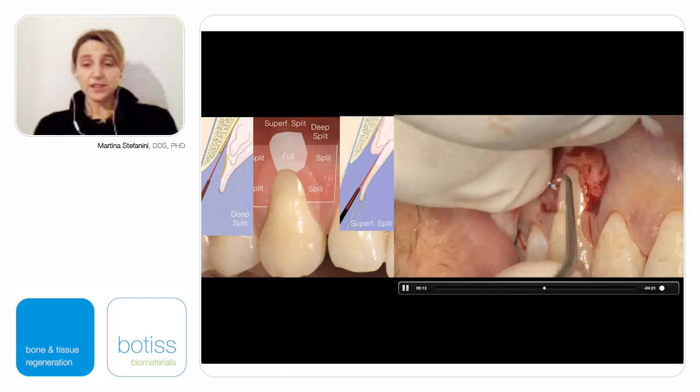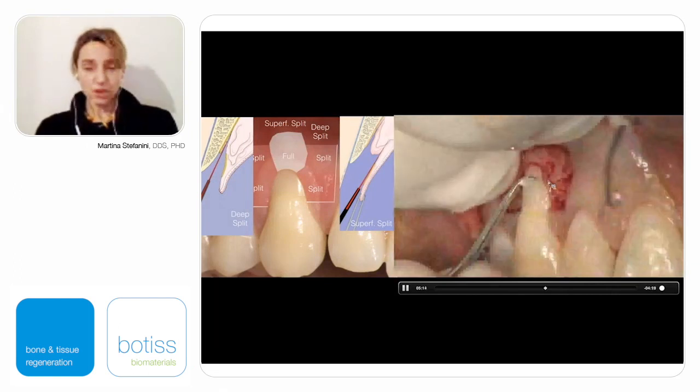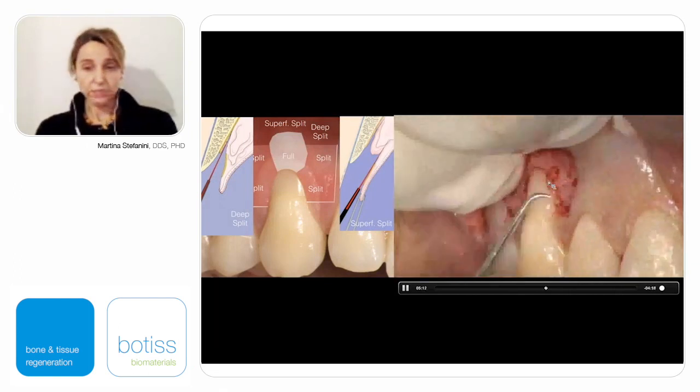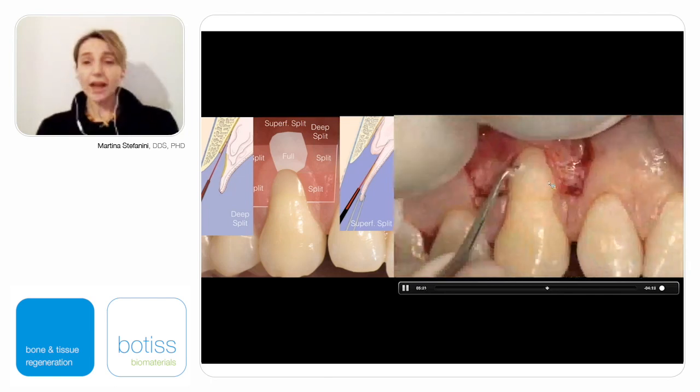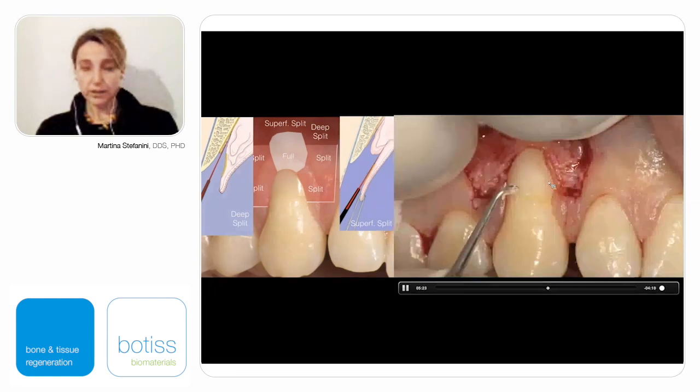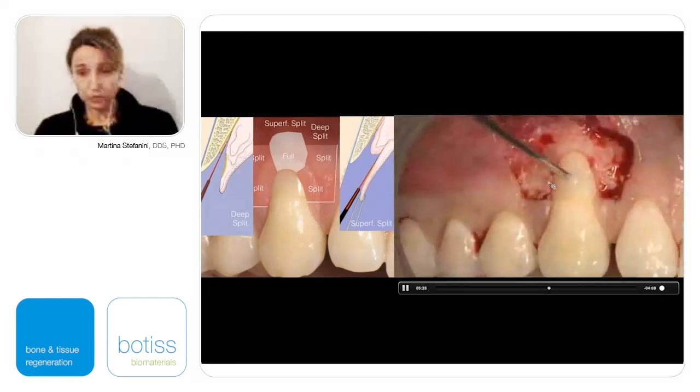And now it's time to do the root instrumentation. Root instrumentation is performed mechanically by means of mini curette until you feel the root surface hard, smooth and clean.